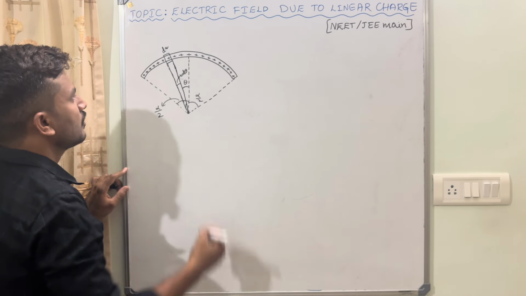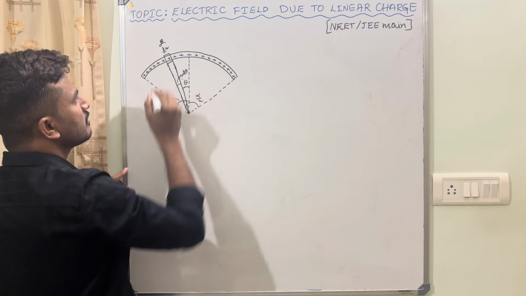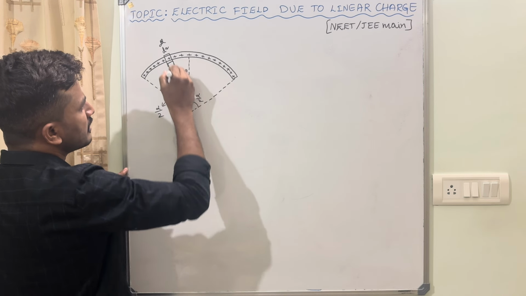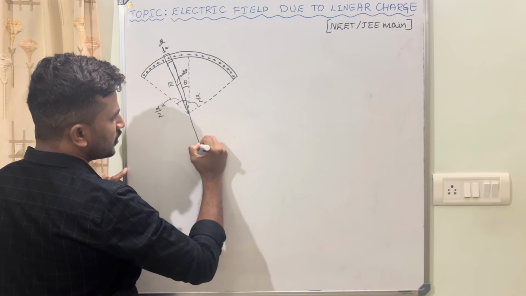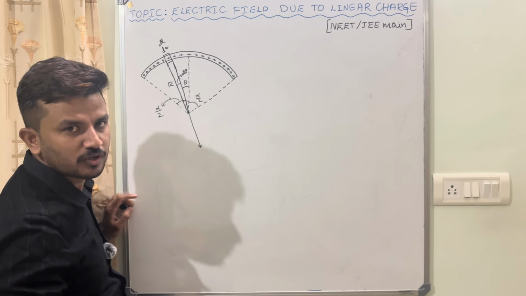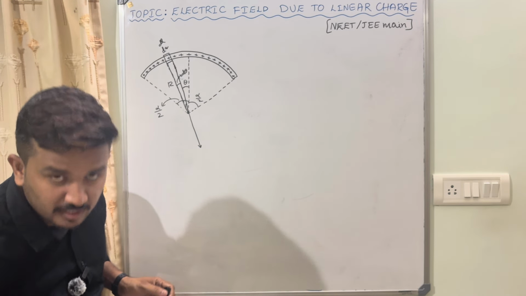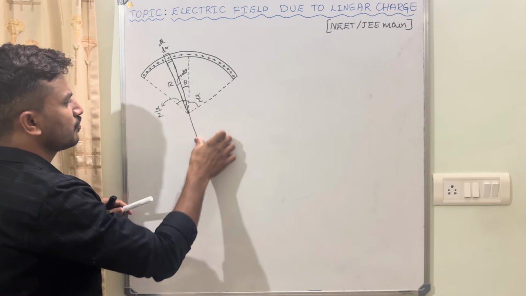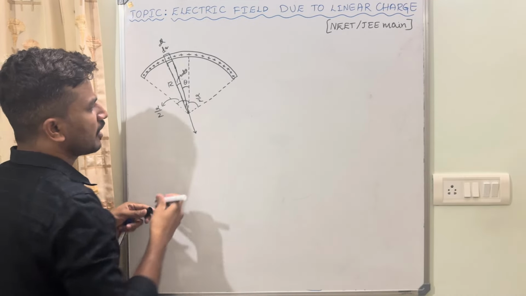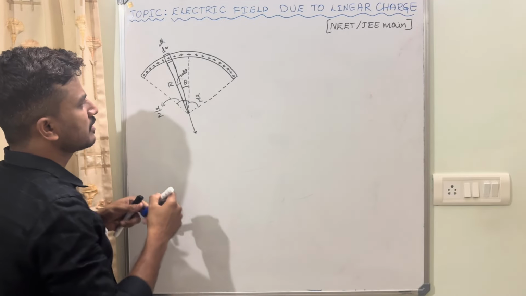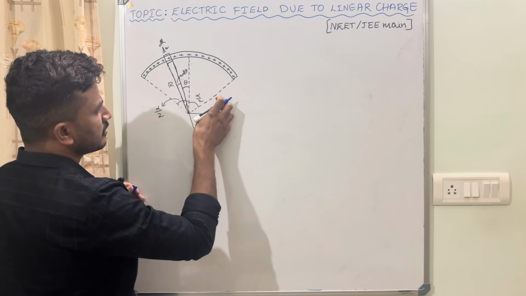Clear? Now the electric field due to this small charge element of length dl, at a distance of radius r, is radially outwards. Yes or no? For positive charge the electric field is radially outwards. Now if you take the components of the electric field along the x-axis and y-axis, along the x-axis it is in this direction, correct?